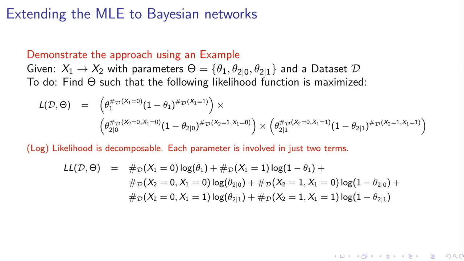Next, we will extend the MLE principle, the maximum likelihood estimation principle, from the univariate case to the multivariate case, specifically to Bayesian networks. The parameters of the Bayesian networks are the probability values in the conditional probability tables.